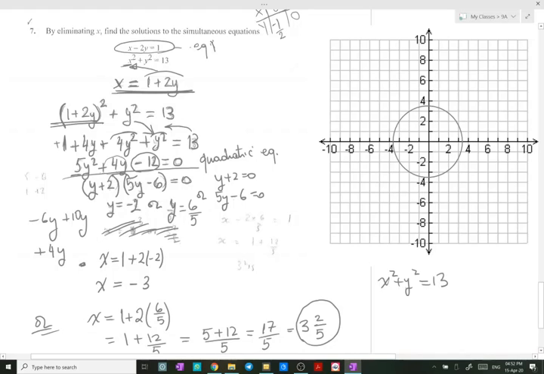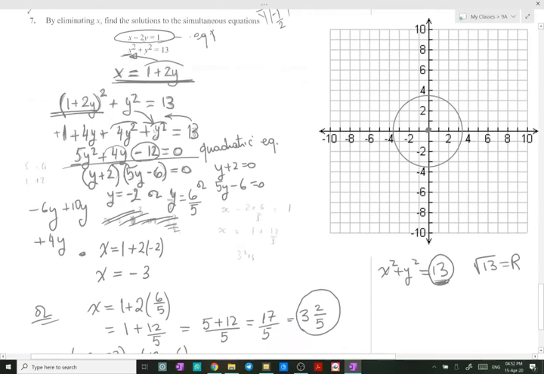Since we have x squared plus y squared equal to a number, this is a circle of center O, the origin, and the radius equals square root of 13, which is about 3.6. You put your needle on the origin and then you draw a circle, and this is the graph of the equation x squared plus y squared equals 13.